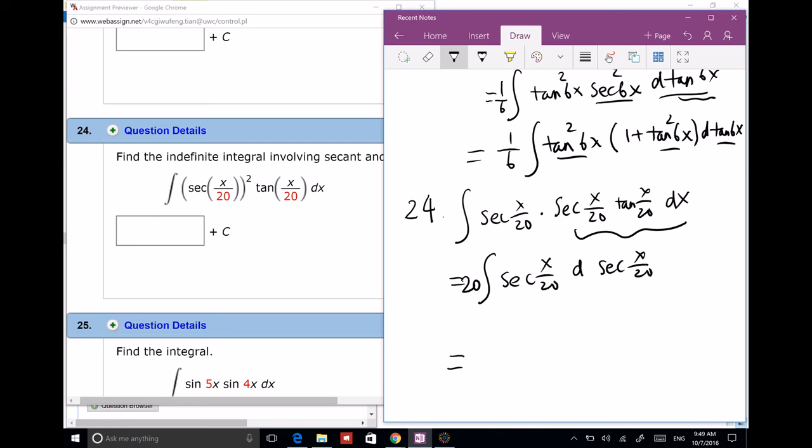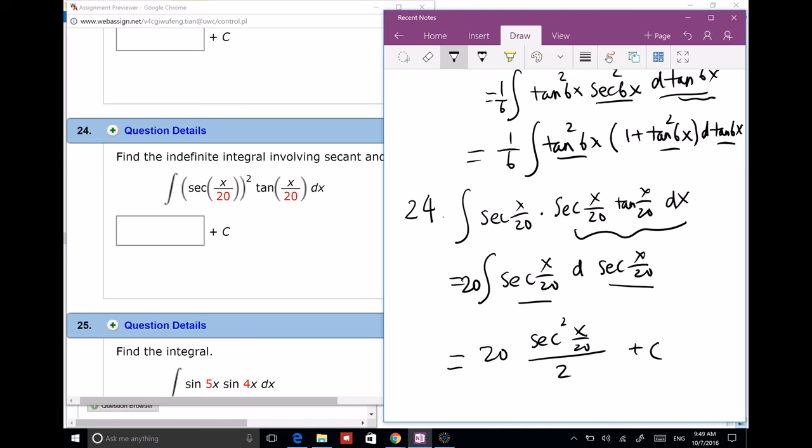Okay. So then this is the u, this is the u, so it's just 20 times secant x over 20 squared divided by 2 plus c. Does it make sense, everyone? Where does the 2 come from when you divide by 2?